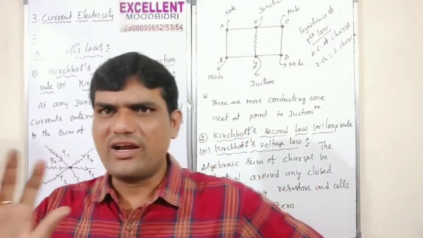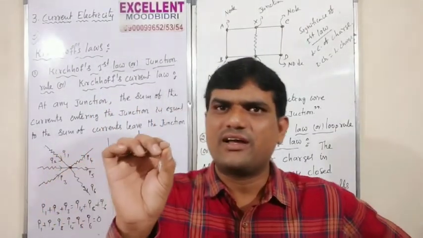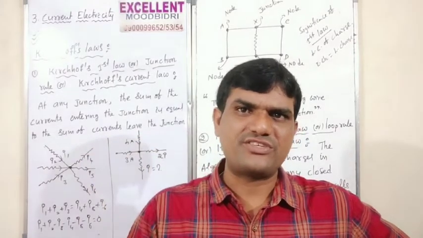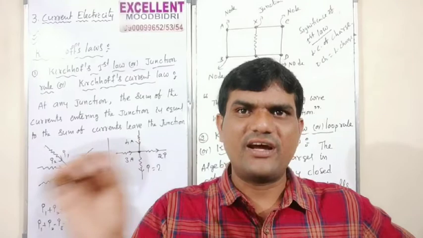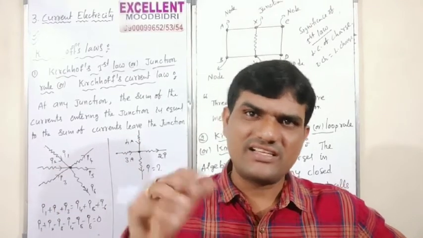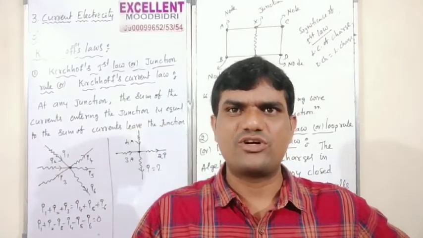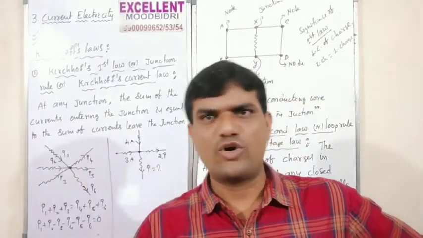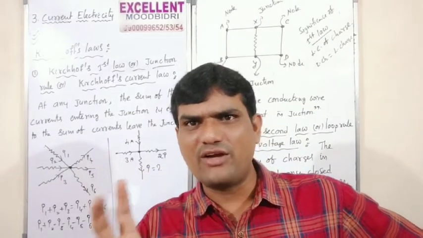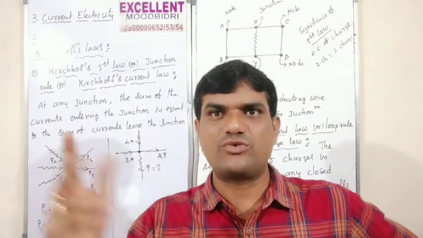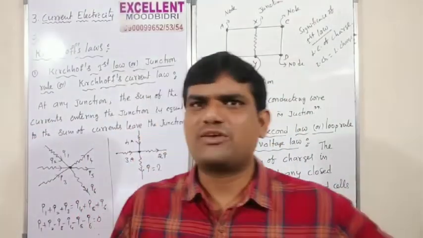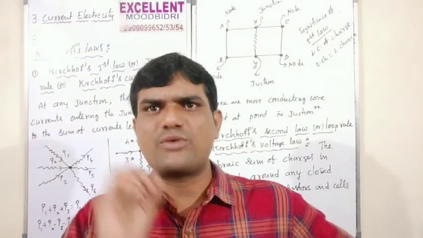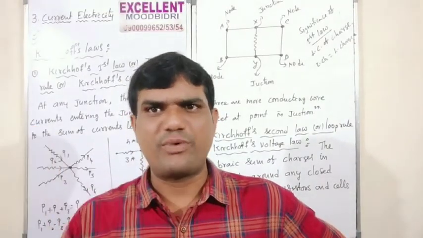Because we already know some things, like the potential difference between A and B, the internal resistance, and the current. These we can find with the help of Ohm's law, V is equal to I into R. But Ohm's law is suitable only for simple circuits.